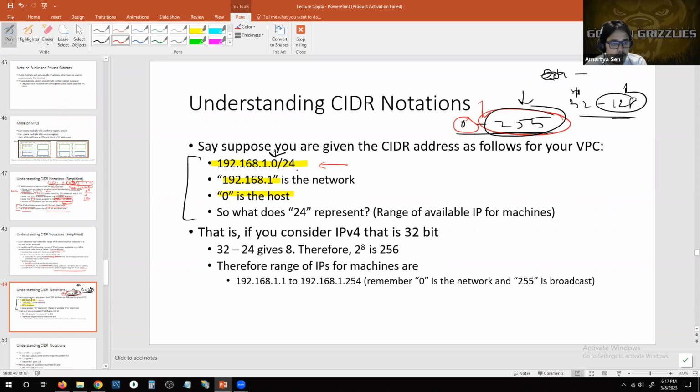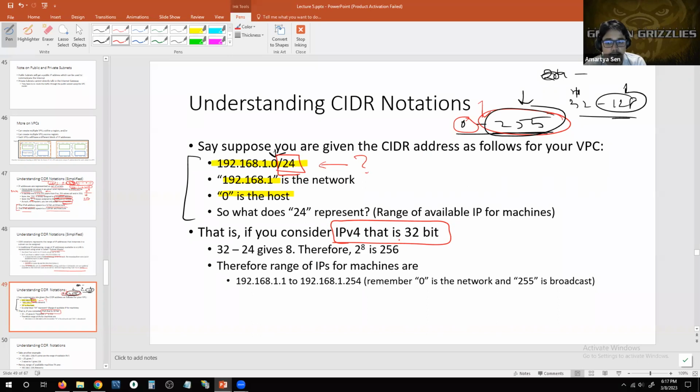Now, the only tricky part here, or only new part here, for those who are unfamiliar, is what this /24 refers to. And this is where we need to know whether this is an IPv4 architecture or an IPv6 architecture. What this helps us understand is, let's say this is an IPv4 IP address space or a CIDR block with IPv4 assigned, right?